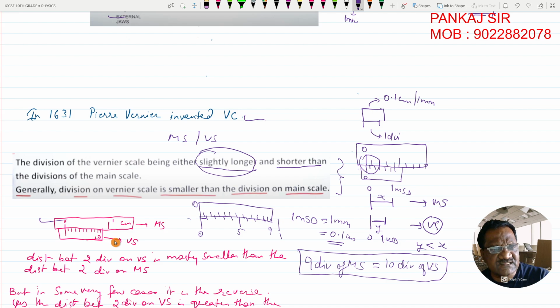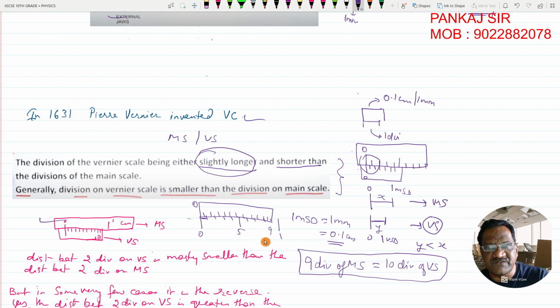No one can say that it is millimeter or centimeter, it is not calibrated, it is just equal divisions that have been made. How many? 10 divisions. And these 10 divisions will fit into the 9 divisions of the main scale, which indicate 9 millimeter. The 9 divisions of the main scale are equivalent to 9 millimeter. But these 10 divisions on the vernier scale, you cannot say they are equal to 10 millimeter. No, it is just 10 equal divisions, right?